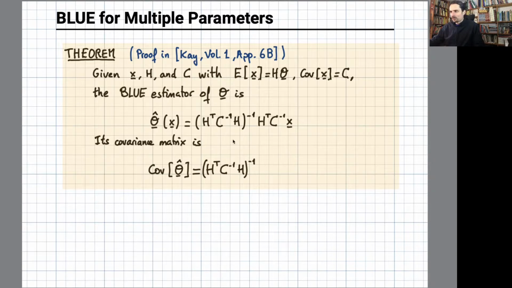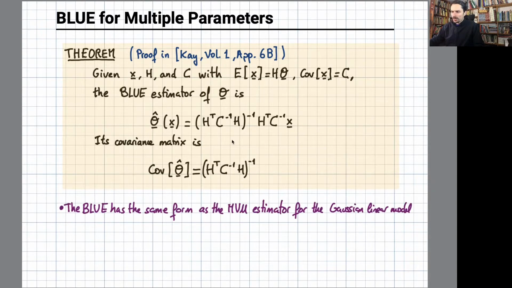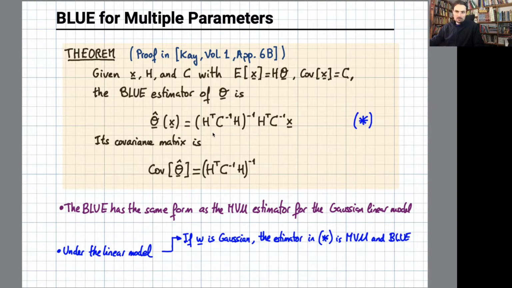Okay, so a couple of remarks. One of them is that the BLUE has the same form as the MVU estimator for the Gaussian linear model that we saw in the previous lecture. So this is very interesting. It has a couple of implications.